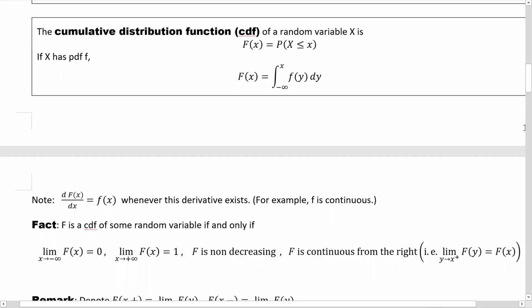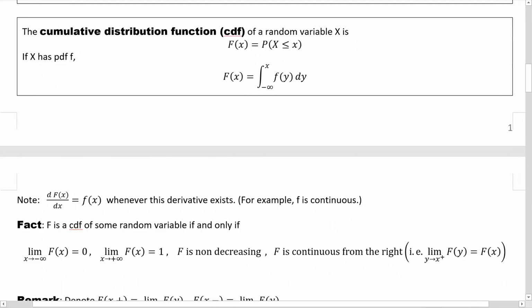All right, next definition, the cumulative distribution function, CDF. CDF is actually the same name for both. We know we have the PMF for discrete random variables, and we have the PDF for continuous random variables, but we have the CDF for both of them.